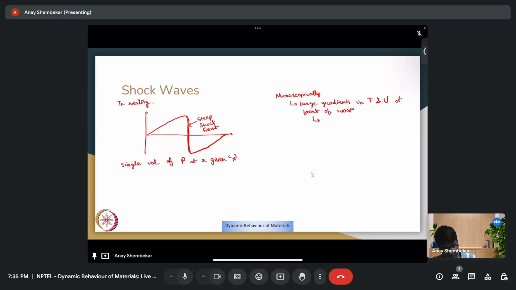And these cause irreversible processes. Irreversible because there will be some sort of heat conduction and viscosity involved.